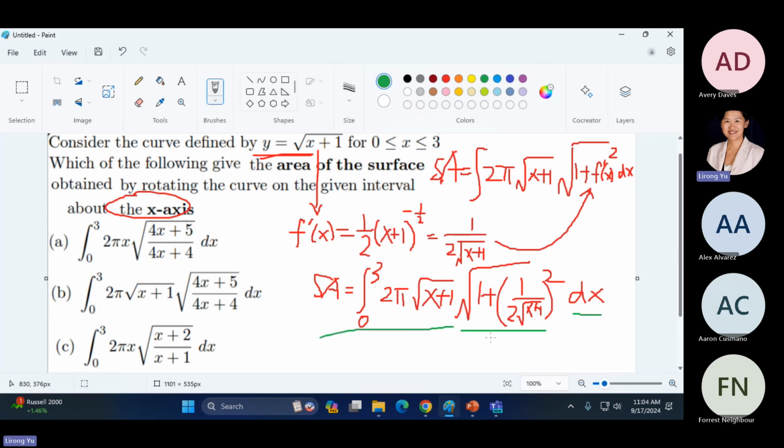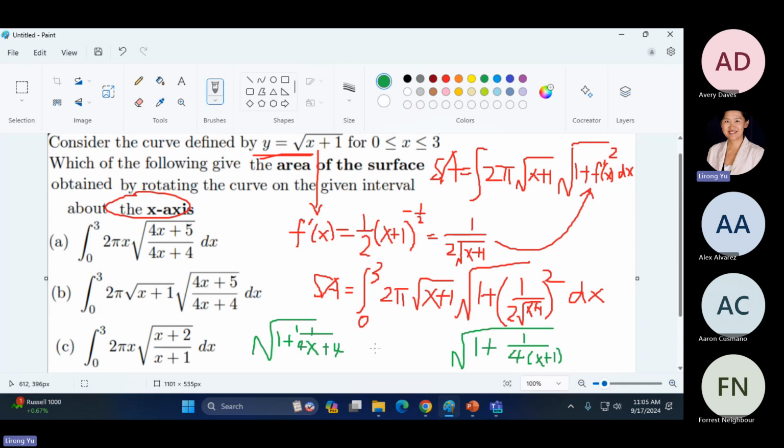Everything else stays the same except this one. If you square it, the root goes away. So this is the root of 1 plus 1 squared is still 1, over 4 times x plus 1, since the root goes away. So that's really 4x plus 4. So it's the root of 1 plus 1 over 4x plus 4. And then we find a common denominator and simplify from here.